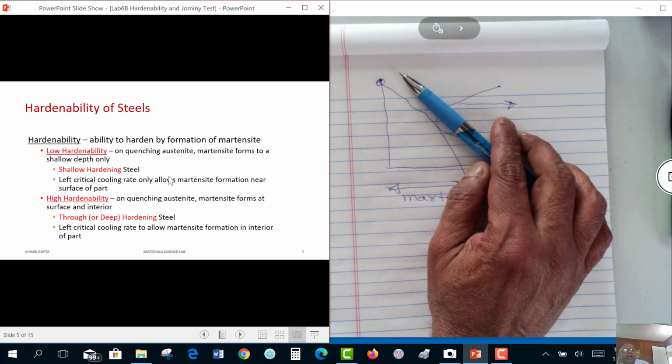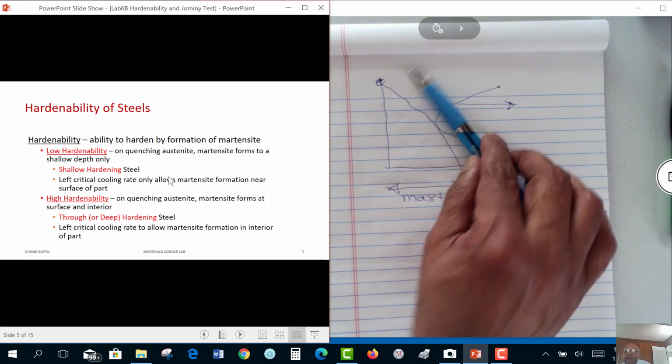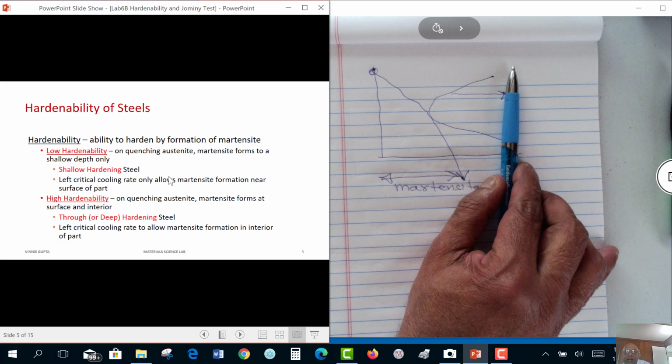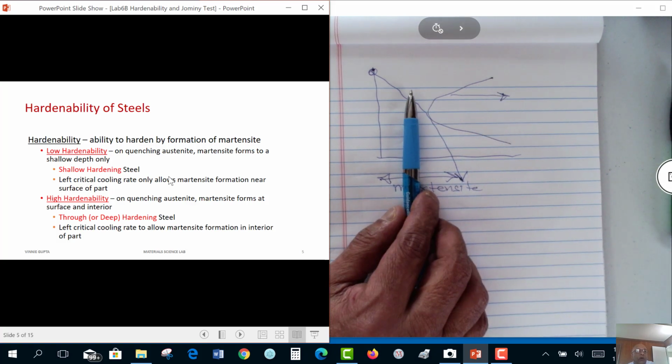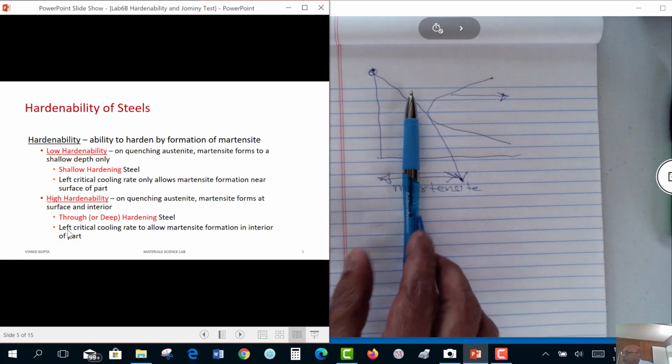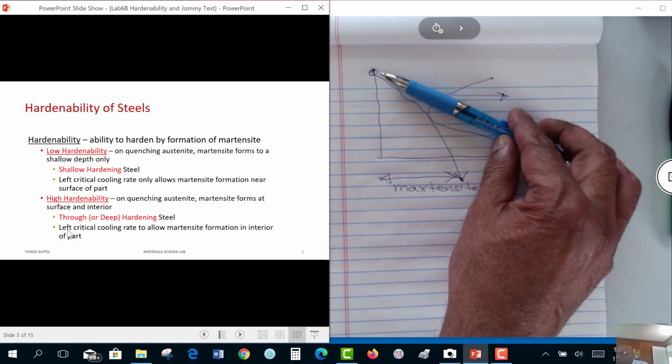We will have greater hardenability. So the farther the C curve is to the right, the higher hardenability we have. We say it is easier to form martensite. So in a higher hardenability steel, on quenching of austenite, martensite will form at a greater depth. So these are called true or deep hardening steels. So our left critical cooling rate becomes even slower.